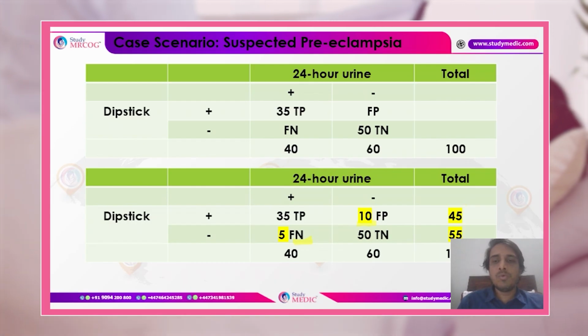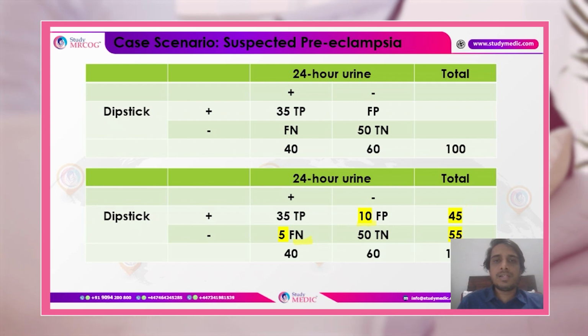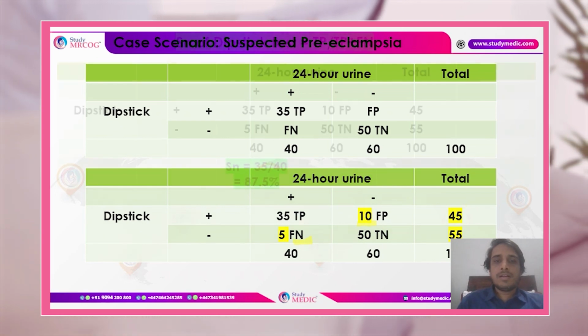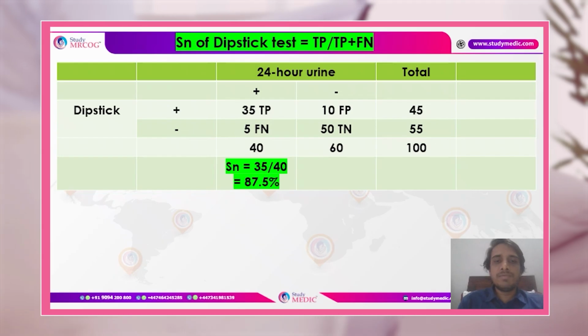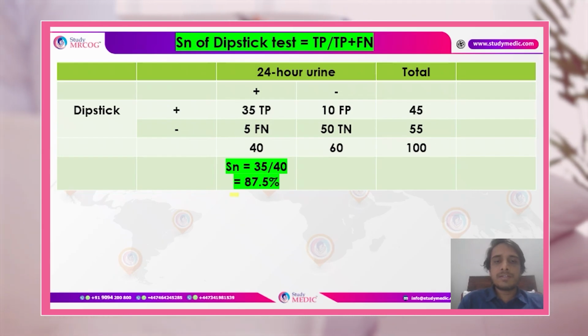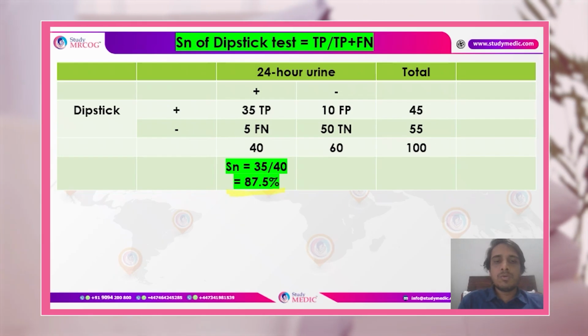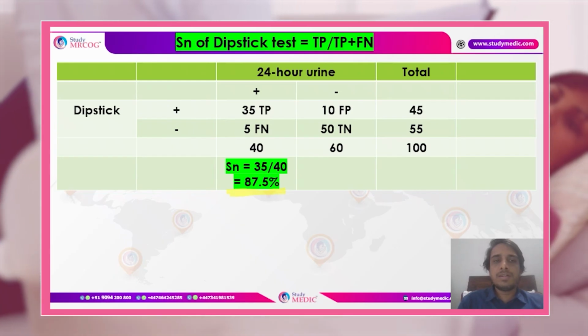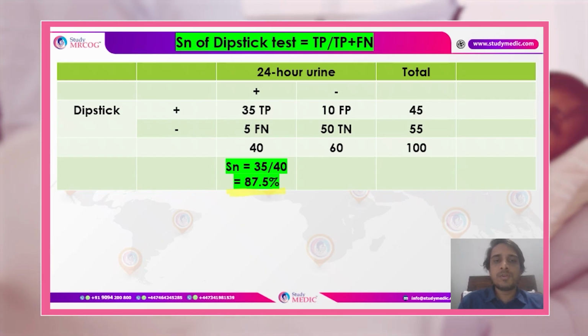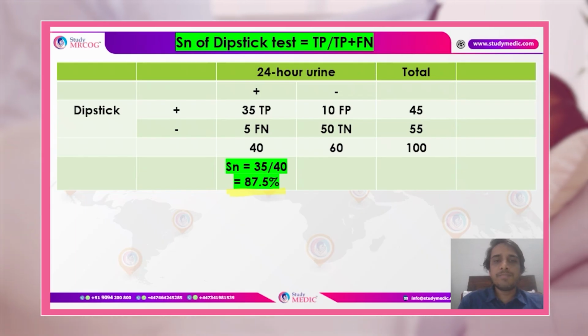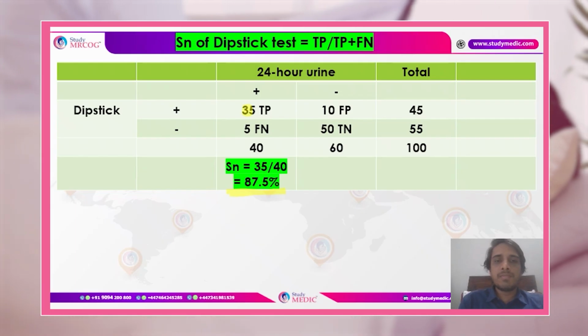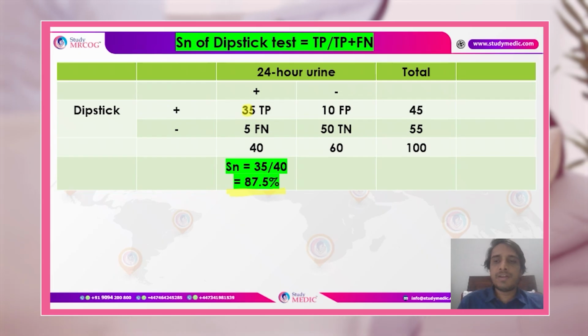Now we have filled the table. Now let us calculate one by one. So what is sensitivity? Sensitivity is those who have the condition and tested positive, that is true positive divided by true positive plus false negative. So 35 by 40, that is 87.5%.